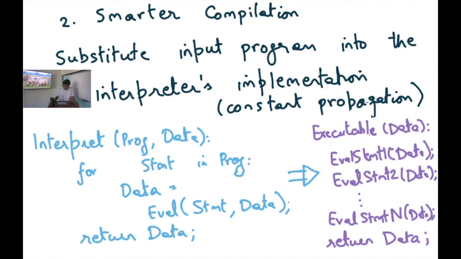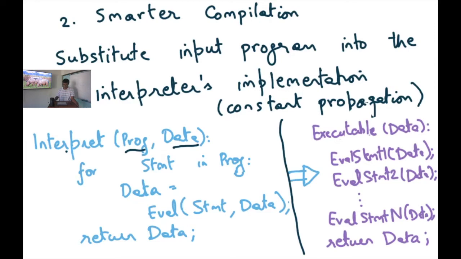So for example, if the original interpreter was something like the following on the left, here you have a function called interpret that takes two arguments, prog and data. And let's say it uses a loop: for statement in prog, data equals eval(statement, data). And this loop continues until the statement says finish.